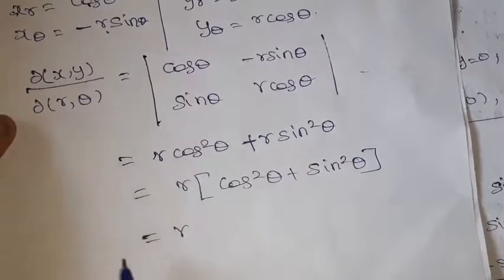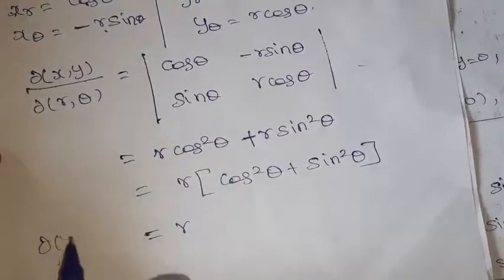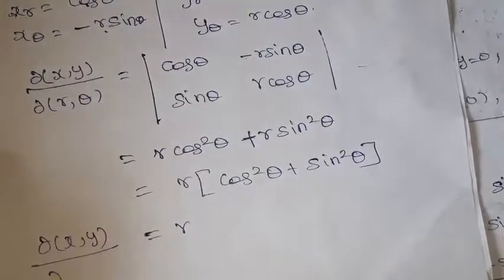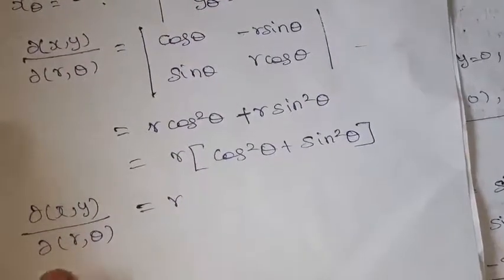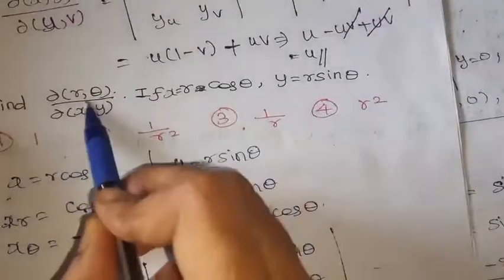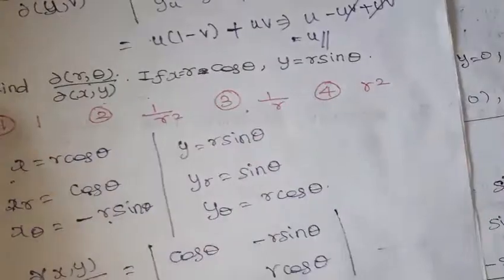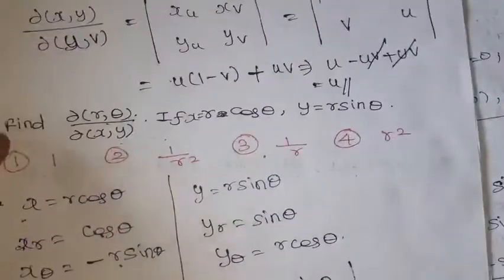So we are getting r for ∂(x,y)/∂(r,θ). We should be very careful, because we have found the value only for ∂(x,y)/∂(r,θ). What is in the question? ∂(r,θ)/∂(x,y).